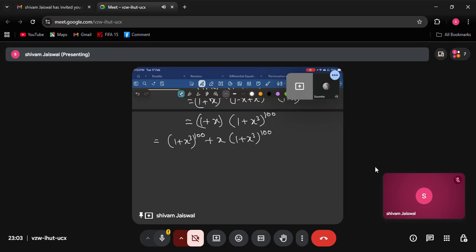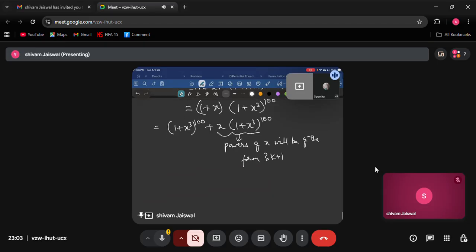Now over here, can you ever get x to the power 50? All the powers will be multiples of 3. Can you get x to the power 50? No. Over here, all the powers of x will be of the form 3k plus 1.